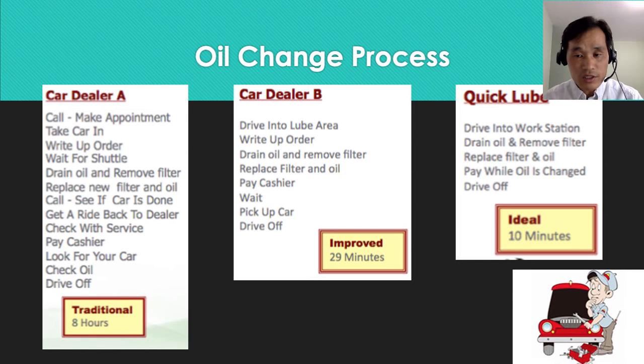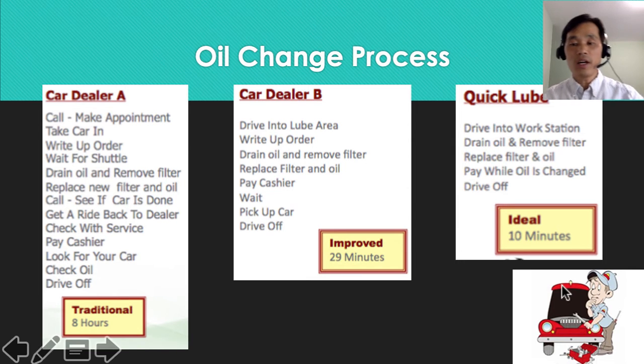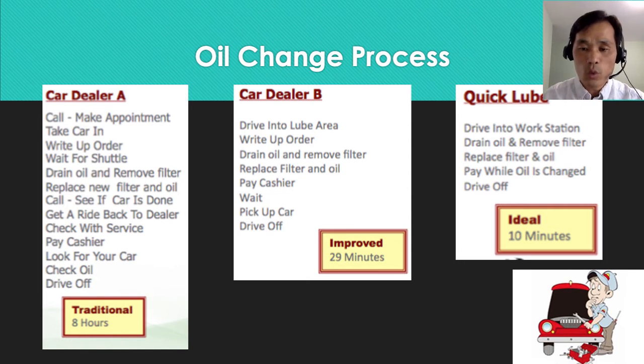Another car dealer came up with an even better idea. The dealer regarded ordering and paying as non-value-adding activities happening inside of the shop, so he tried to remove ordering and paying out of the process. The result is that the driver can pay while the oil is being changed and drive off right away after the work is done.